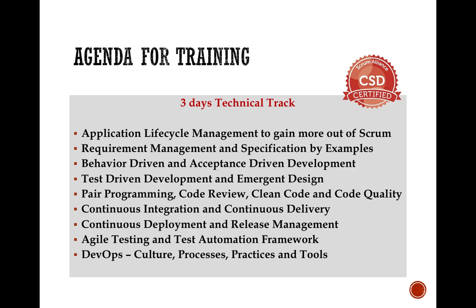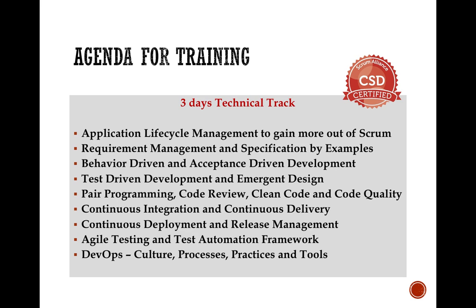The agenda for this program. As I said, 3 days and 5 days. The 3 days course remains the same for both tracks, and it covers application lifecycle management to gain more out of Scrum. It will also cover requirement management, specification by example, behavior driven development, and acceptance test driven development. We will cover TDD and emergent design, which help us have a design that suits the Scrum team more.